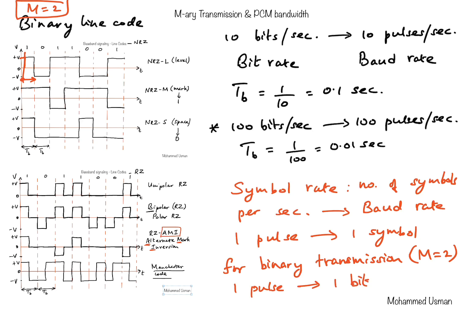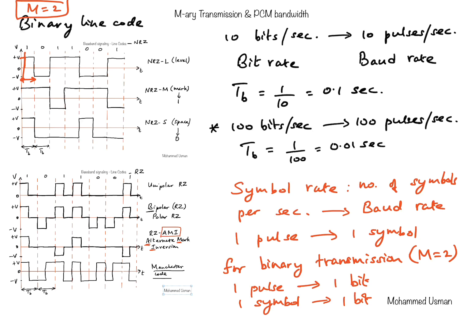In other words, for binary transmission, one symbol is equal to one bit. So you can say one symbol is the same as one bit. That means each bit is representing a symbol.